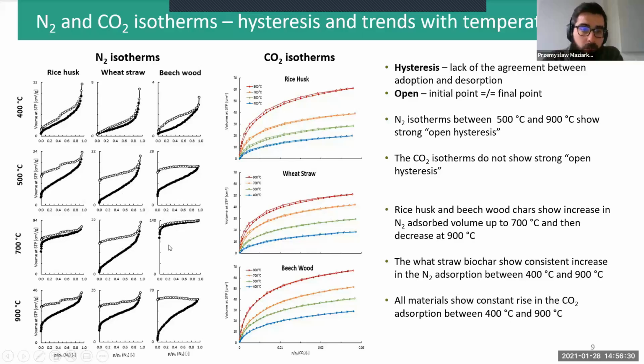On the other hand, when we check the carbon dioxide isotherms, we see a consistent trend with temperature for all the biochars from all the feedstocks: with the temperature, the volume adsorbed increases, even up to 900 degrees. That was the first point that really interested us in investigating this data set.